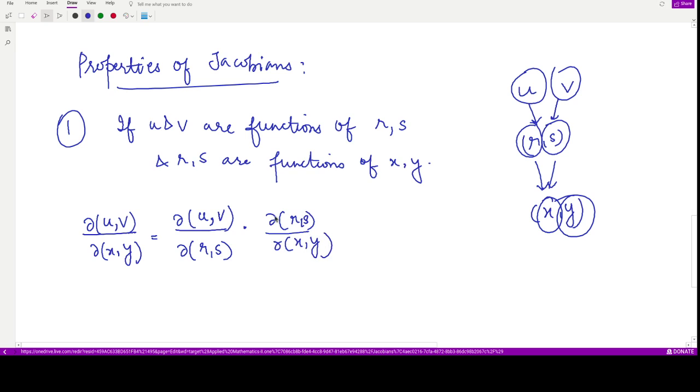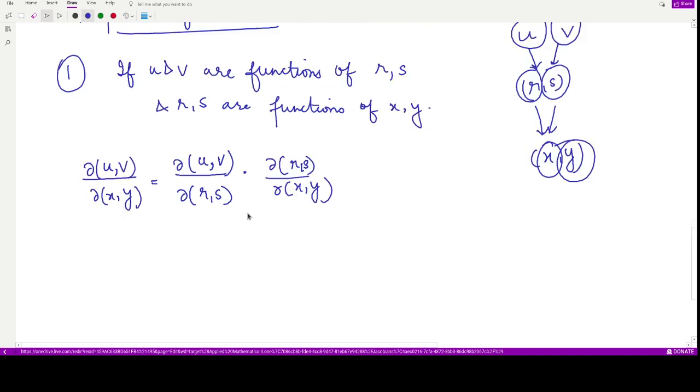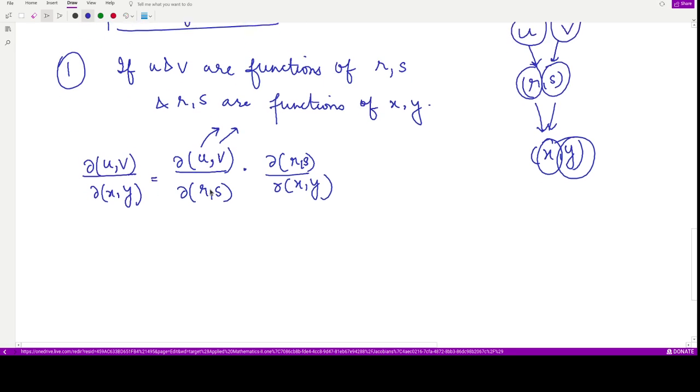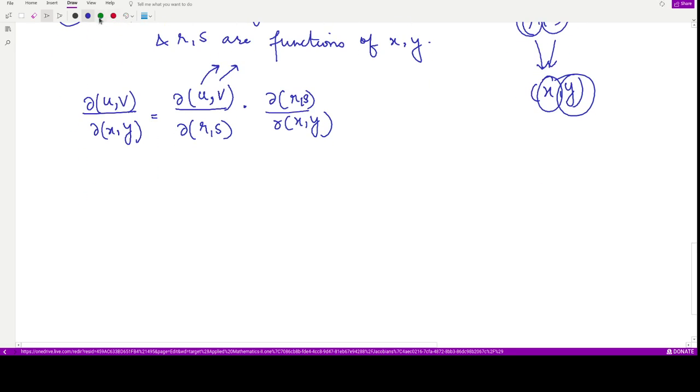So this also works for these kinds of dependent variables, for Jacobians also, right? Next we have the second property.